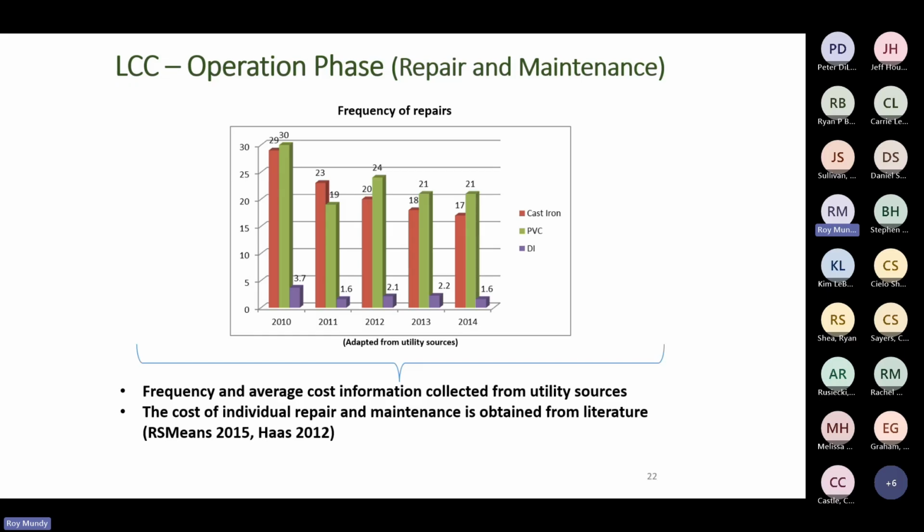When it came to PVC pipe, however, which is still somewhat of a youngster compared to iron pipe when it was first developed and really prolifically used in the water industry, then you see almost equal numbers in terms of required repair and maintenance. And yet, when you look at the ductile iron pipe, which is the purple in the chart, then those numbers are very, very significantly lower.